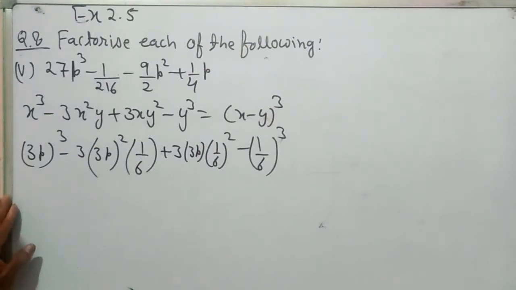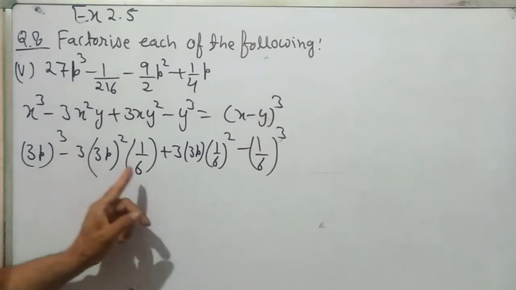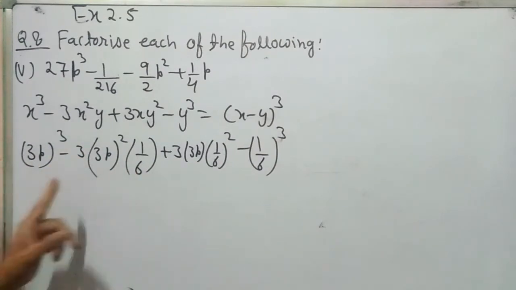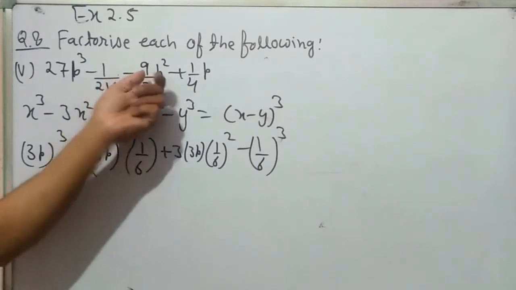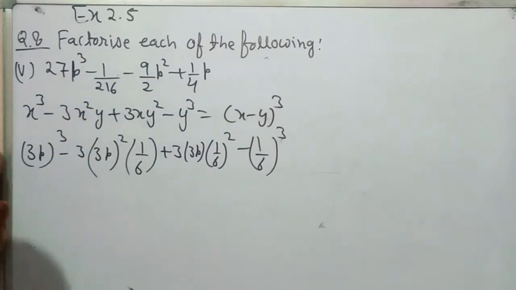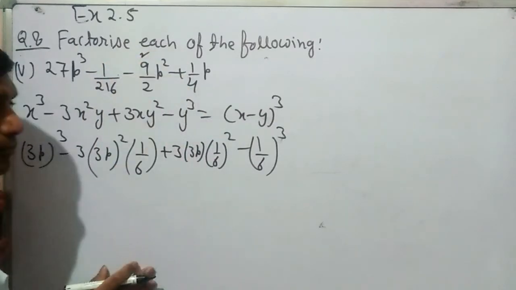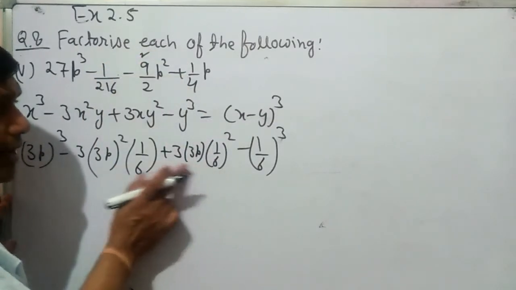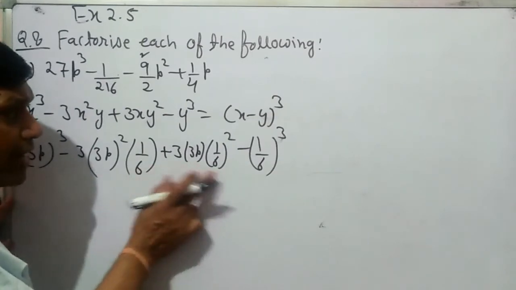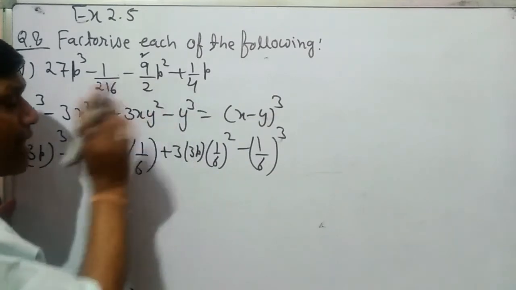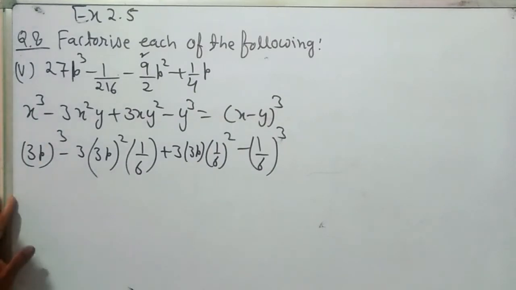Now try to calculate them. How much is that? 3 into 9 is 27 upon 6. 3 is cancelled. 2 is remaining. 9p square upon 2. That we have. So this one matches. Here we have 9 in the numerator, 36 in the denominator. 9 4s are 36. That is matching with 1 upon 4p.